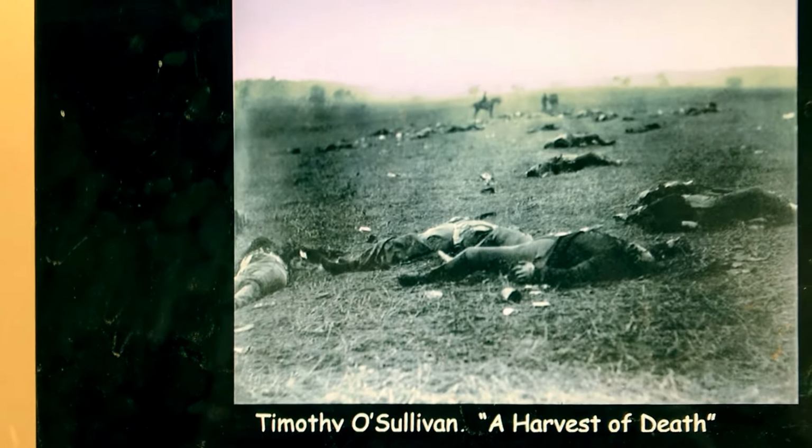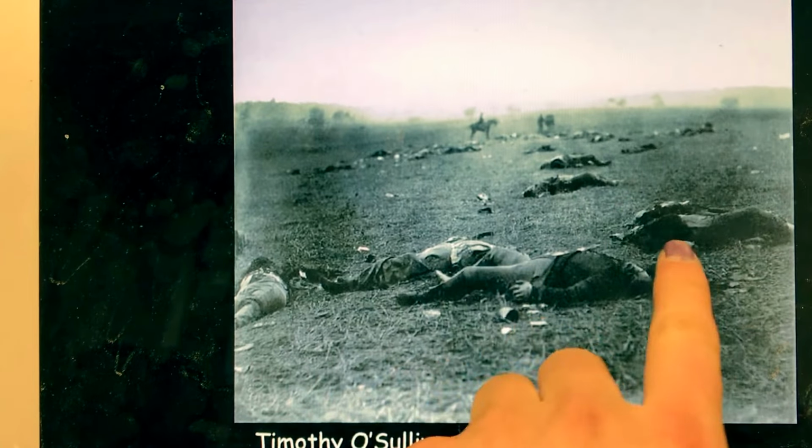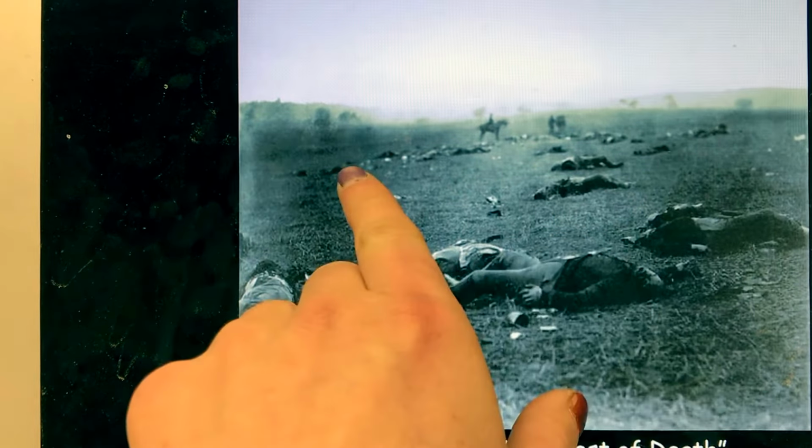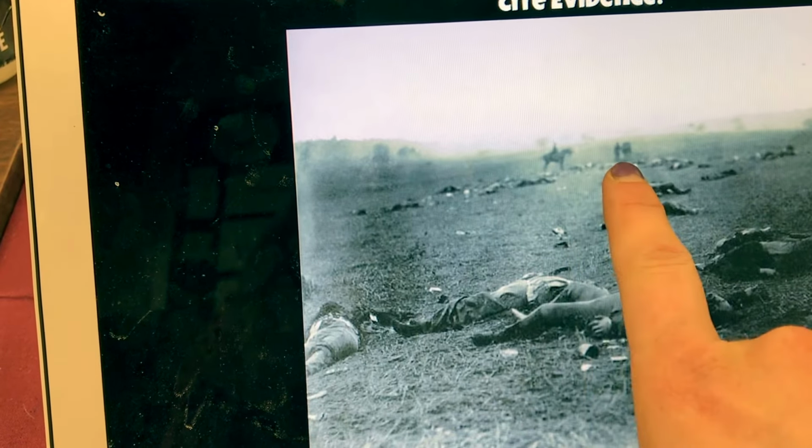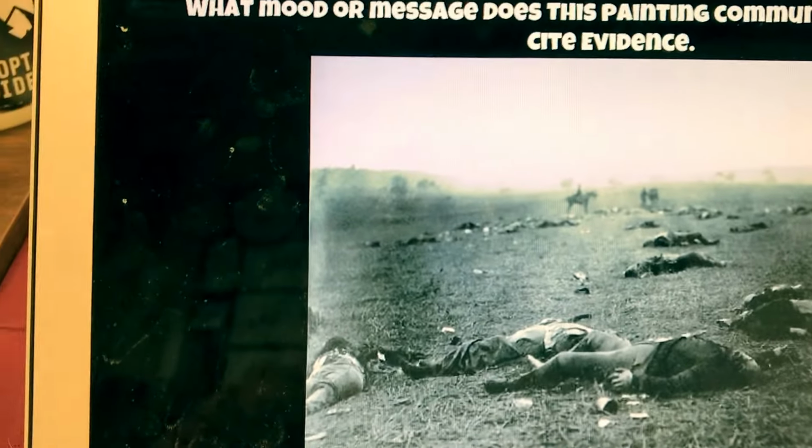My evidence is all of the dead people lying here, for scale, so we can see exactly how big this field is and how far those bodies stretch. We have some shadowy figures over here, a guy on a horse and a guy that looks like he's beside a cart.